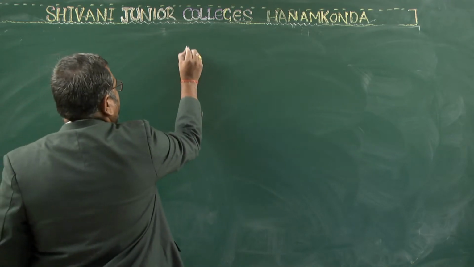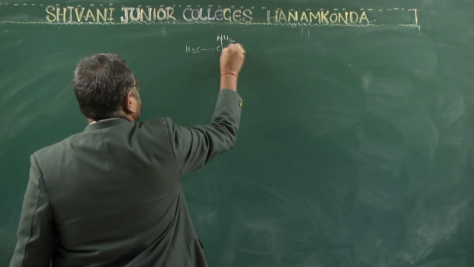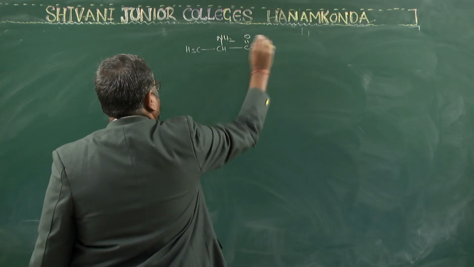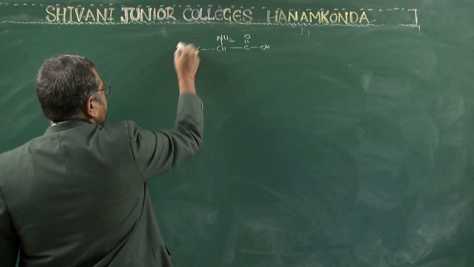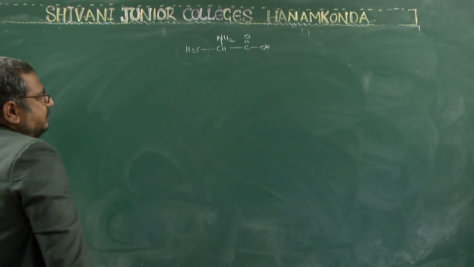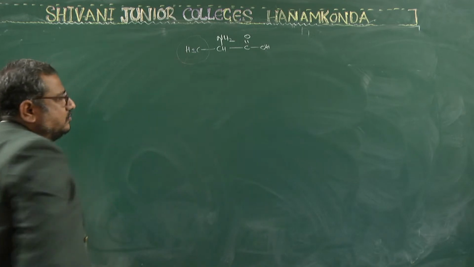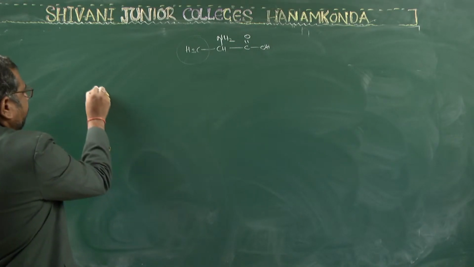You know very well, alanine means CH3, CHNH2, COOH. In the CH3 part, if I remove a hydrogen and add an aromatic ring, that is a phenyl ring, a benzene ring, it is called phenylalanine.